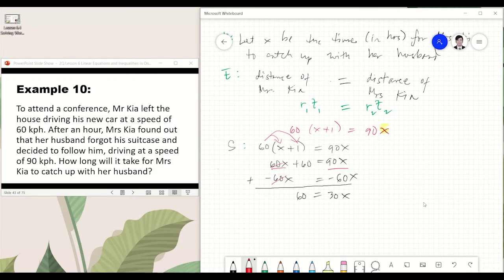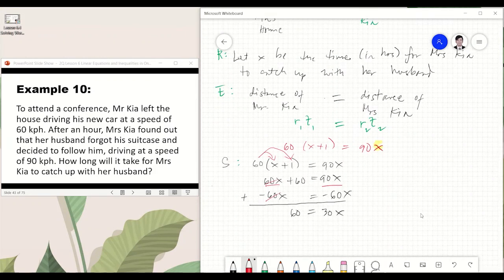So, meron na tayong 30x dito. Kailangan natin i-isolate si x. At merong coefficient pa siya na 30. Kailangan natin siyang gawing 1. So, mag-multiply lang tayo ng reciprocal ng ating 30, which is 1 over 30.